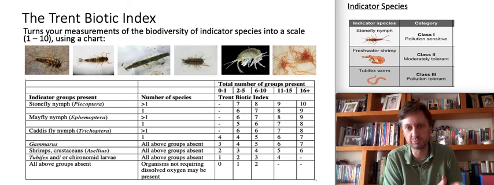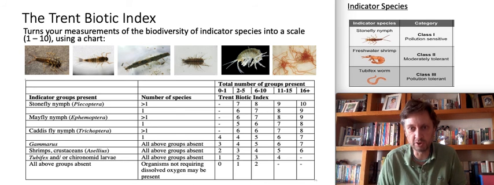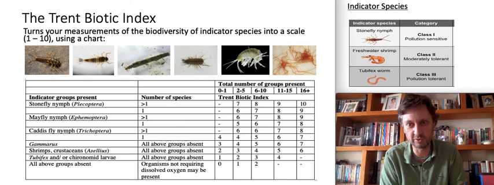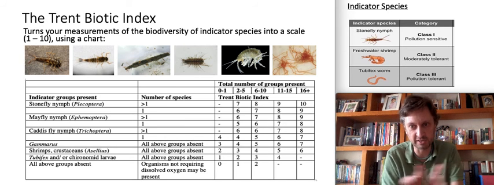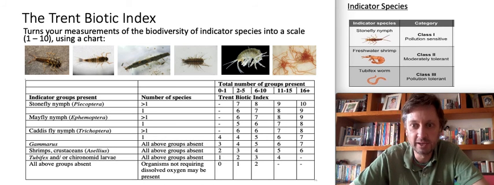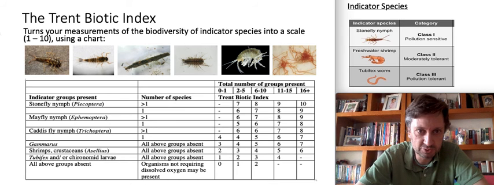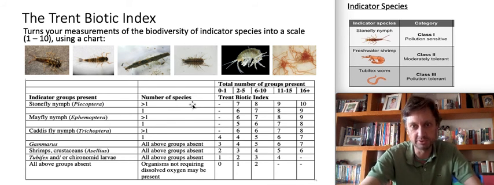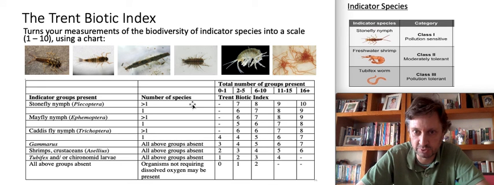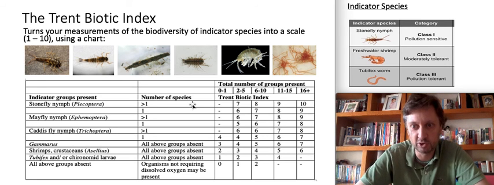An index, as you probably already know, is a number with no units on a scale where you can rank whether something is at one end of the scale or the other end of the scale. A Trent index of 1 or close to 0 would be very polluted, and a Trent index close to 10 would be very unpolluted.